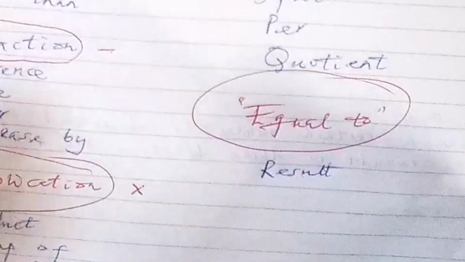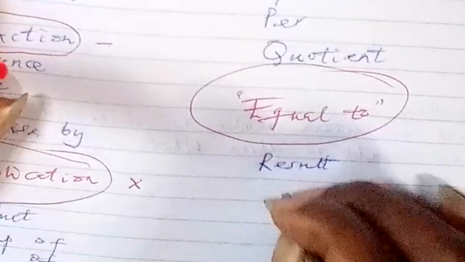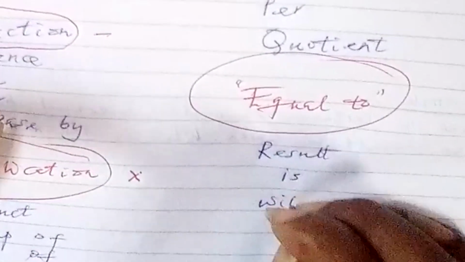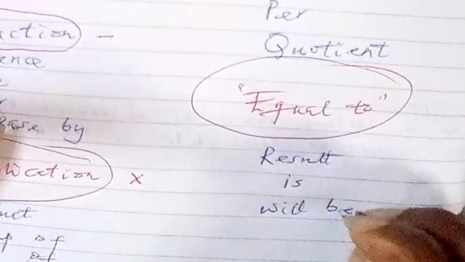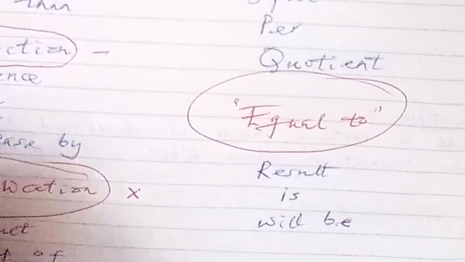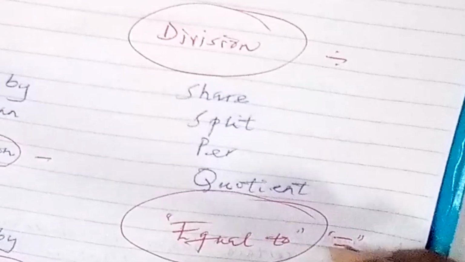When you see result, it means you have to use the equal to sign. When you see is, it goes with the equal to sign. Then if you have will be, this also goes with the equal to sign.